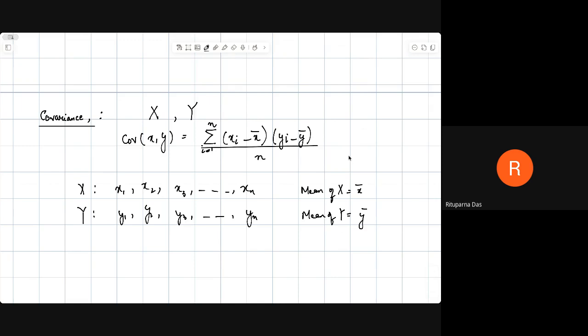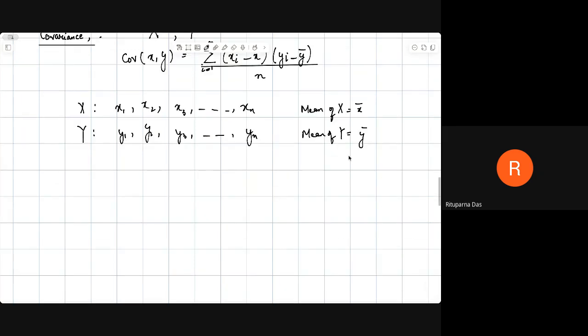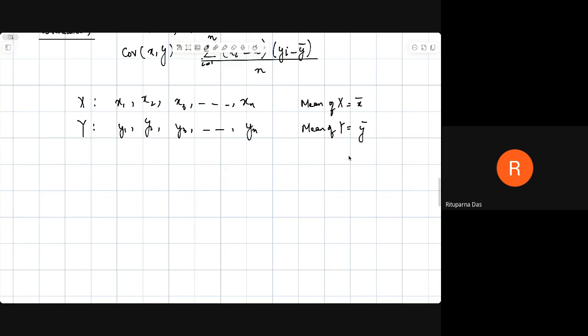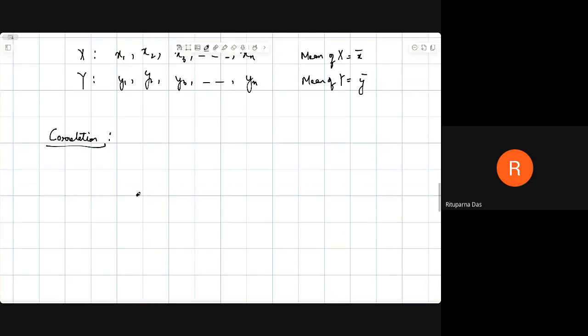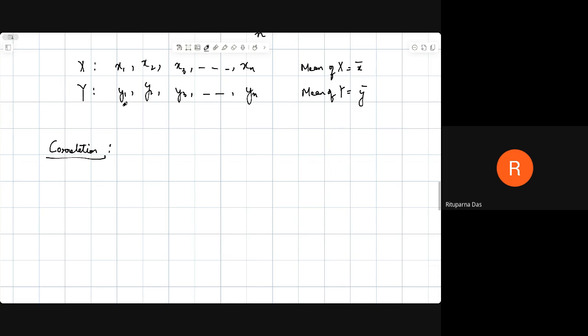Next is your correlation. Correlation is the measure of linear association between two numerical variables. So same here, you have these two, x and y.